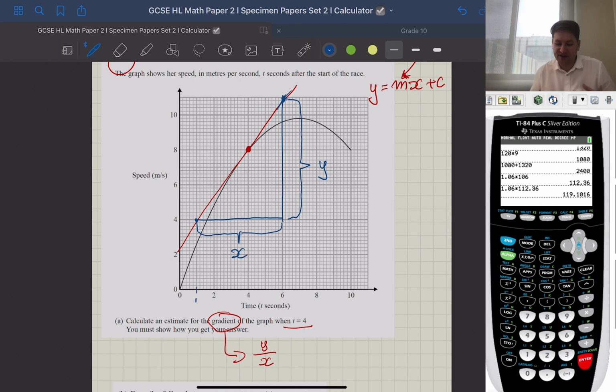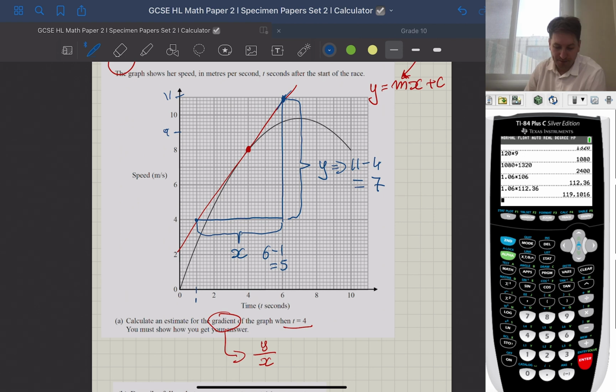If I can do this, then I will be able to find the gradient. So here this is 11 minus 4, which is 7, and here this is between 6 and 1, and 6 minus 1 is 5.